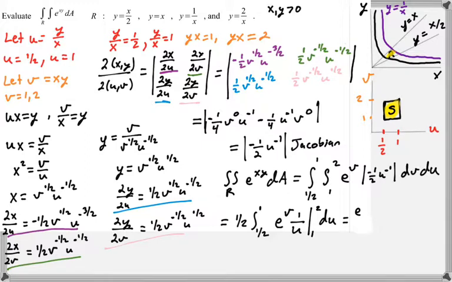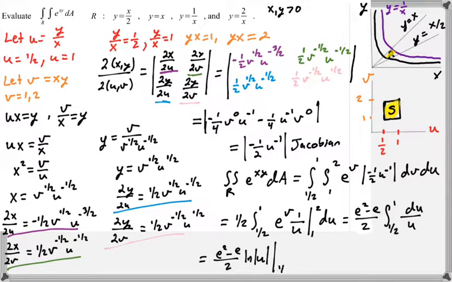So that's going to give us e squared minus e to the first times 1 over u, so we can slide out the e squared minus e to the first out of the integral. Then we have the integral from 1/2 to 1 of du over u. So we have e squared minus e over 2 times the natural log of the absolute value of u, evaluated from 1/2 to 1. Okay.